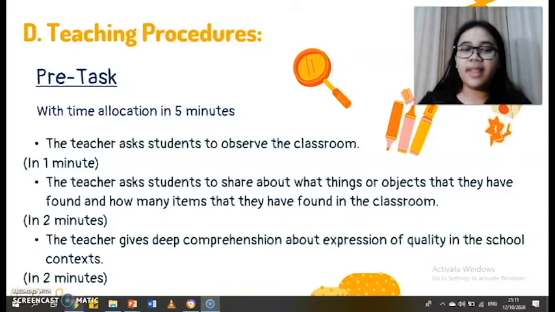For example, the teacher points at a whiteboard and says, there is one whiteboard in this class. So today we will learn about countable nouns and school places.